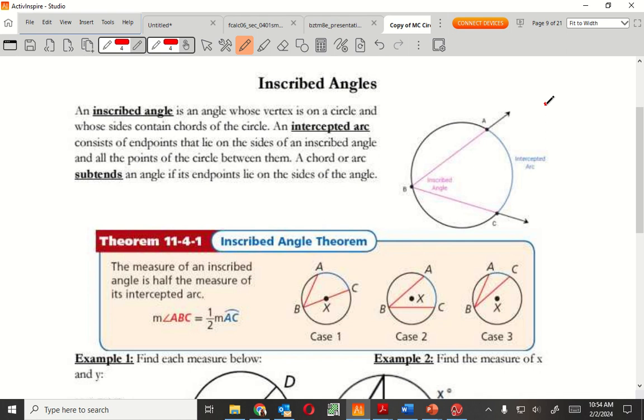All right, so we're going to go through and do the inscribed angles. Today we are working on page number, what page is this? 15 is the notes, 14 is the homework.